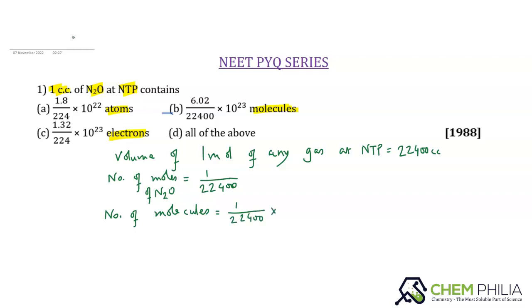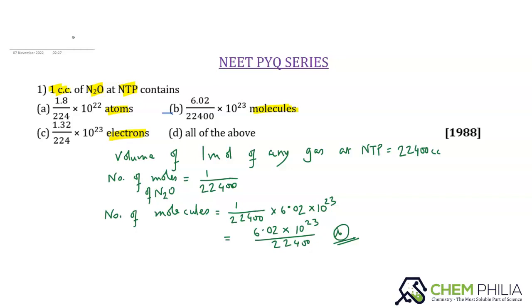It will be multiplied by Avogadro number, that is 6.02 into 10 to the power 23. So the answer is 6.02 into 10 to the power 23 divided by 22400. Okay, so that actually goes with option B. So option B is a correct answer.